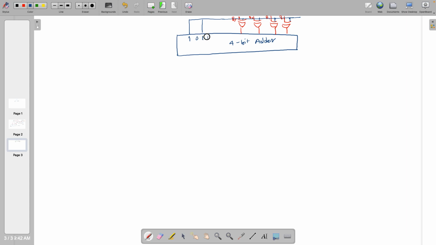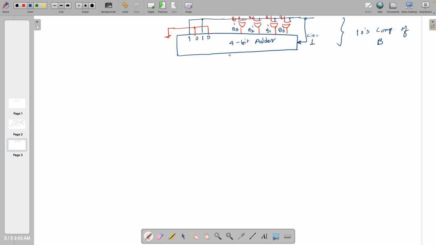So what I can do, I can add like this, right? So this is already added 1010 plus B3 prime, B2 prime, B1 prime, B0 prime, but I need to add 1. So what I can do, I can add a carry in here, right? So that will give me the tens complement of number B.